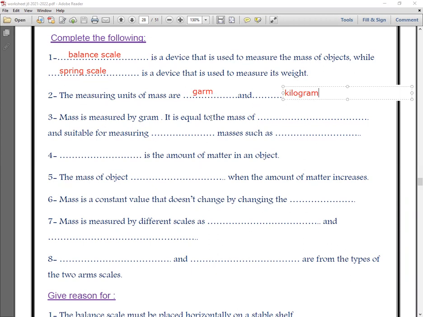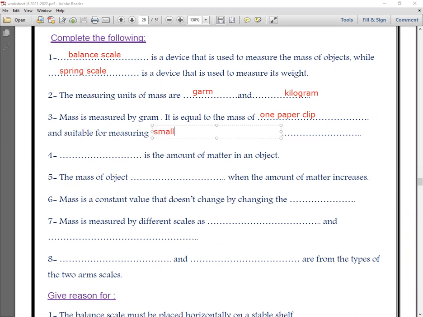Number 3, mass is measured by gram. It is equal to the mass of what? The gram is equal to the mass of 1 paper clip, and it is suitable for measuring small masses.